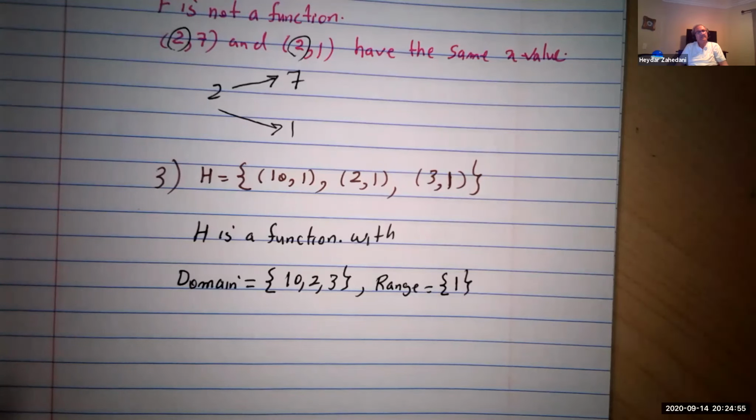Can you give us an example in everyday life of this relation? (10, 1), (2, 1), (3, 1) are all 1, 1, 1.